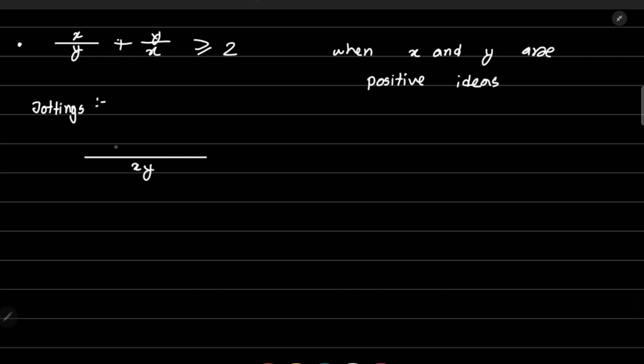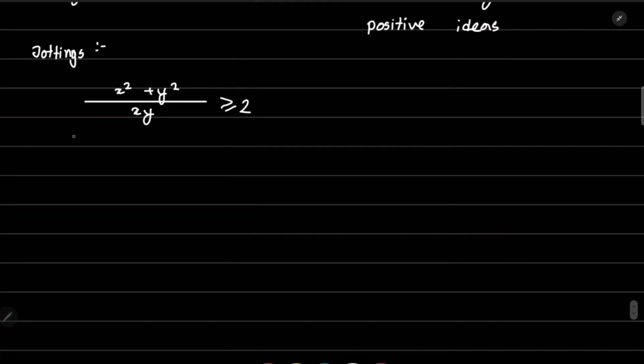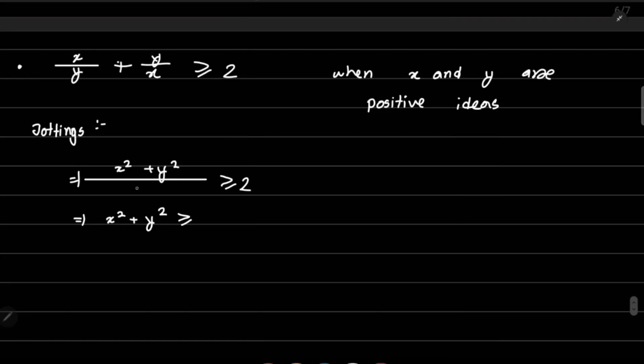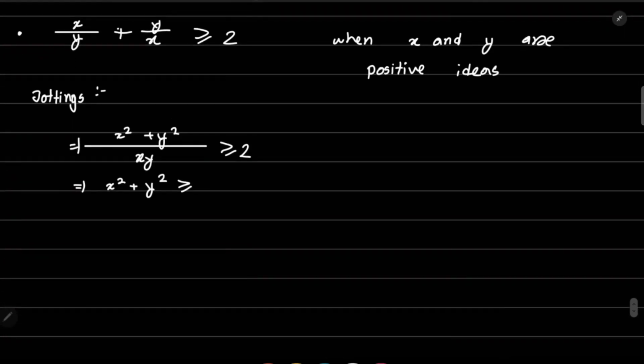So we have (x squared plus y squared) by xy greater than or equal to 2. From here we can cross multiply, we'll get x squared plus y squared is greater than or equal to 2xy.